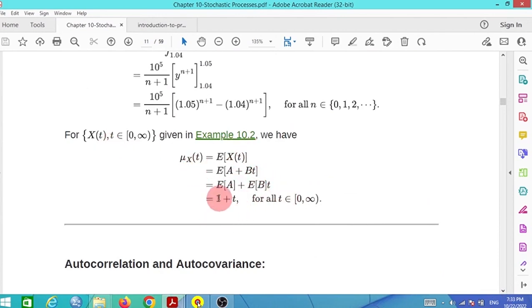Replace 1, and for simplicity, this is a function of t. This is the mean function. Take a break and come back to continue.